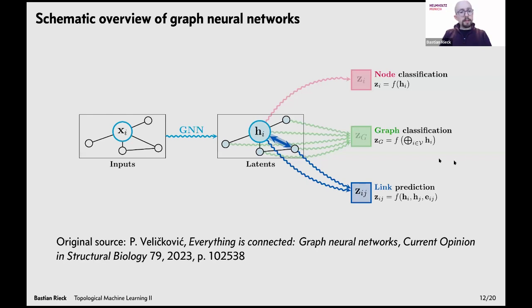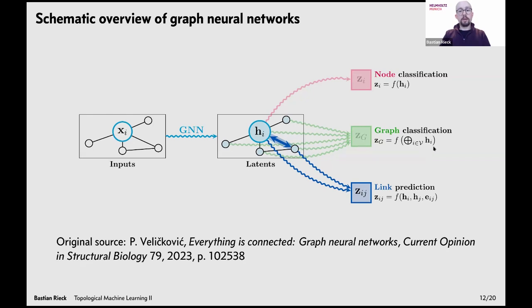Essentially, it says that the graph neural network allows you to go from some kind of inputs on the graph to some kind of latent representations in the graph, and then further on, depending on what type of task you want to solve, you can aggregate this information in a different fashion. For instance, if you want to do node classification, you just take the latents as they are and apply some kind of additional function to them. If you want to do graph classification, you first have to aggregate further over them, right?